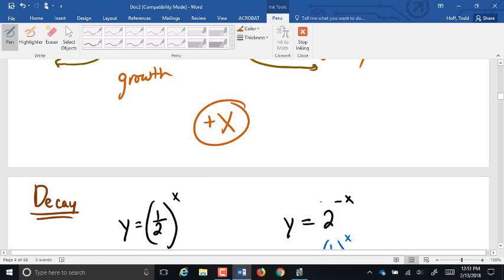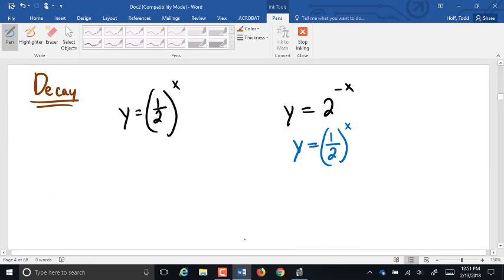If we have a negative power on the x, it reverses that because it turns everything into a reciprocal. So if I have y equals 0.3 to the power of negative x, is that going to be growth or decay?